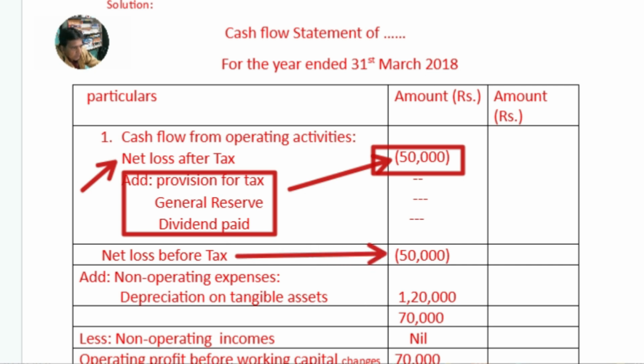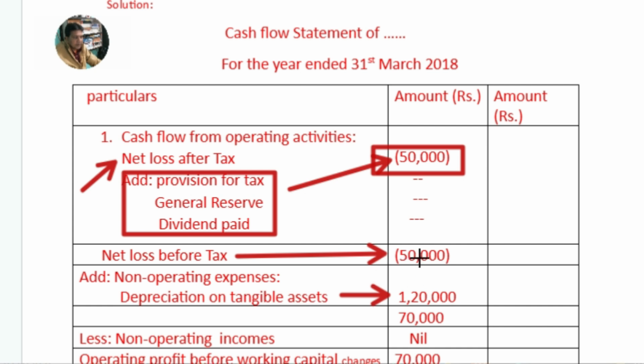Then the usual next step is to add non-operating expenses, as we regularly do under this heading. Under this, depreciation on tangible assets or plant and machinery, 1,20,000, is given in the question as an adjustment. So under this non-operating expense heading there is only one item, depreciation on tangible assets.